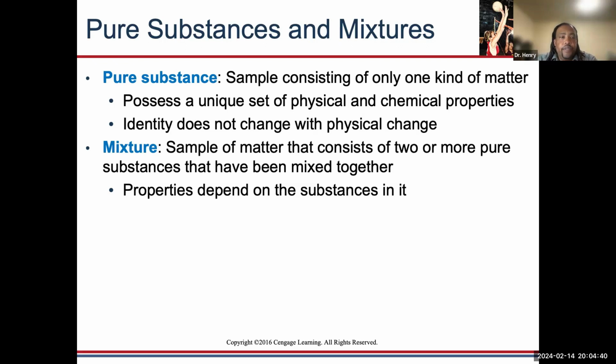A mixture is going to be two or more pure substances mixed together. Okay. So how many of you guys have ever made Kool-Aid? Have you heard of Kool-Aid? One person has heard of Kool-Aid.